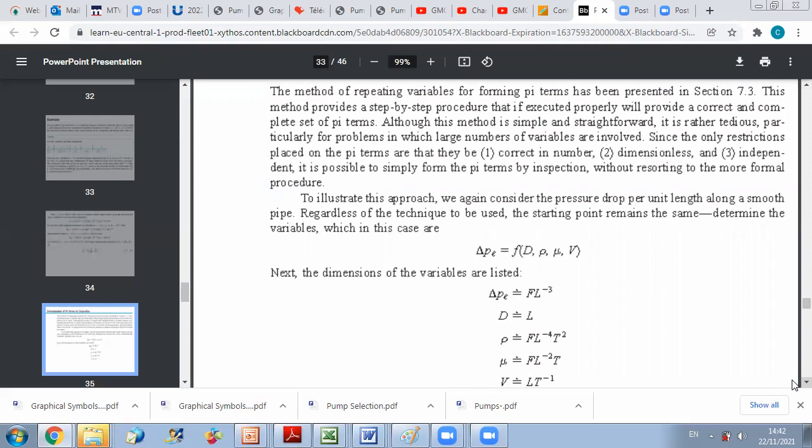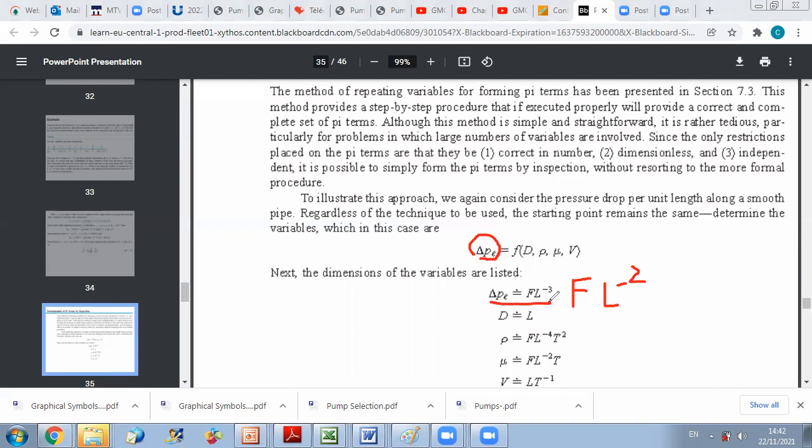The same thing. Okay. So let us say you have the pressure per unit length. You know that the pressure dimension is FL minus 2, and since it is per unit length, we are dividing again by L, so it becomes FL minus 3.